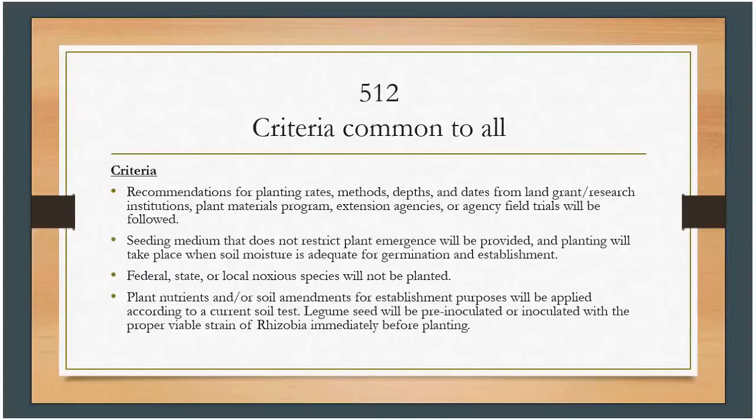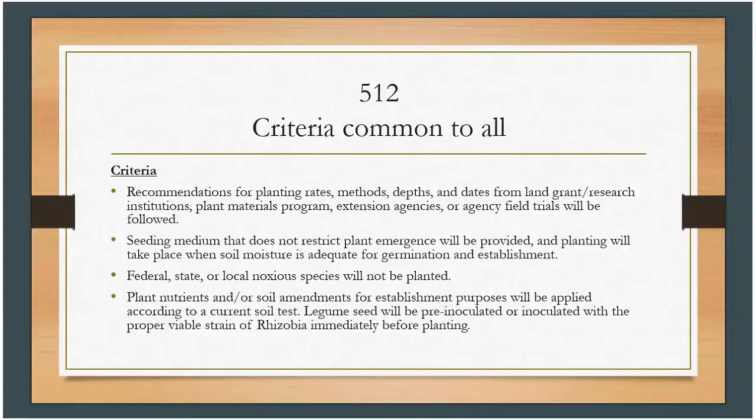The first criteria that is in every one of these enhancements is that recommendations for planting rates, methods, depths, and dates from land grant or research institutions, plant materials programs, extension agencies, or agency field trials will be followed.